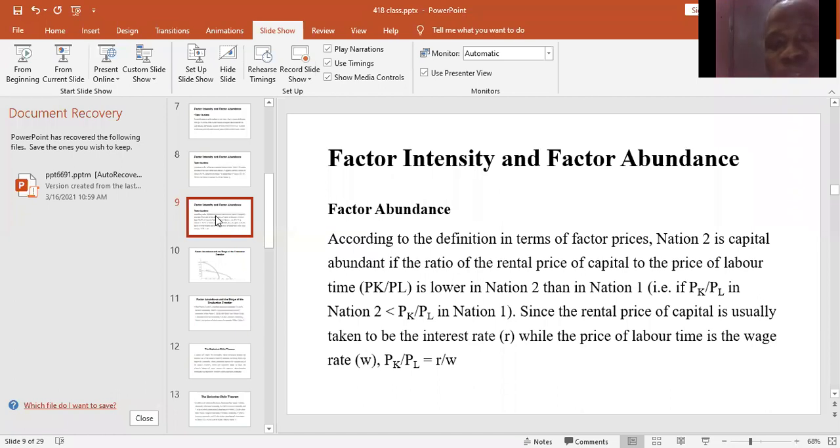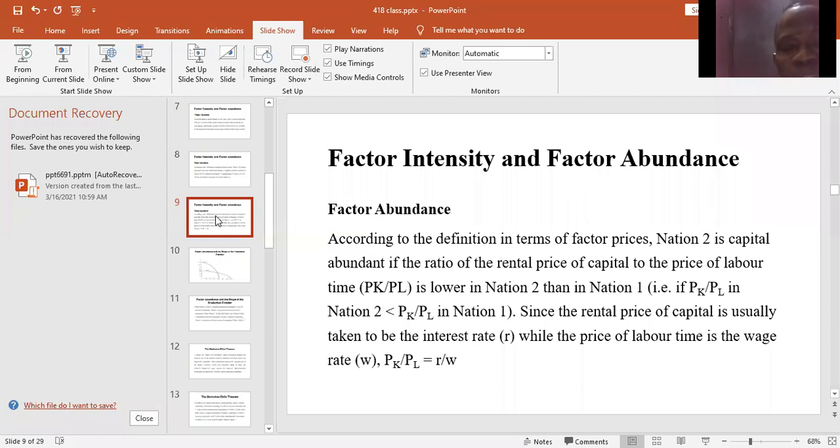In return, such countries should import more of products that use more of the factor that they do not have. That means that if nation A is labor abundant, such a country should produce commodities that require more labor and export such commodities. And in return, import commodities that use more of capital, which is not abundant in such an economy, from other countries.